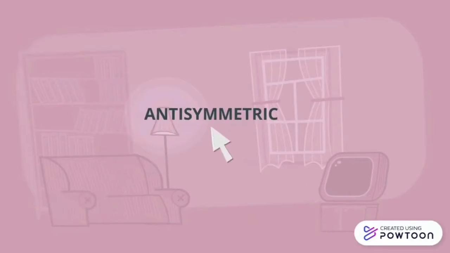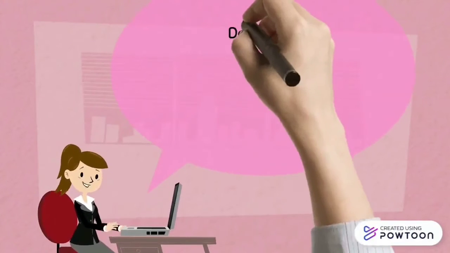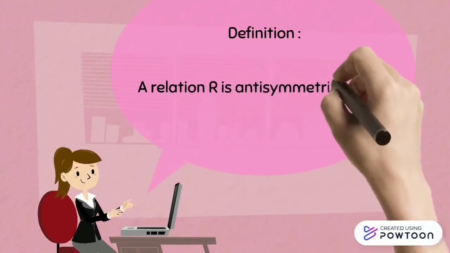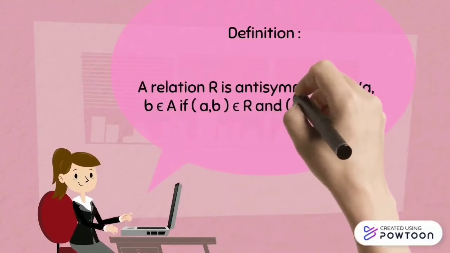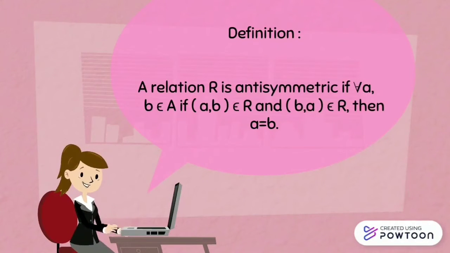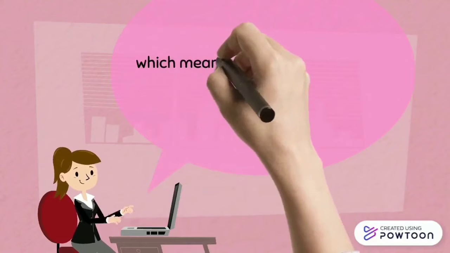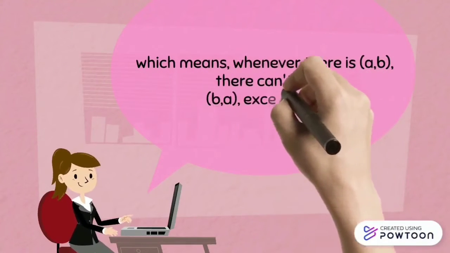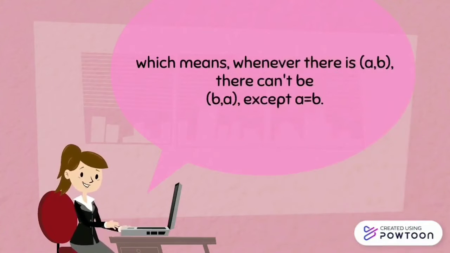The following property is antisymmetric. An antisymmetric relation is a relation where, if a and b are elements of set A and both (a, b) and (b, a) belong to the relation, then it implies that a is equal to b. To be simple, whenever there is (a, b), there can't be (b, a) unless a is equal to b.